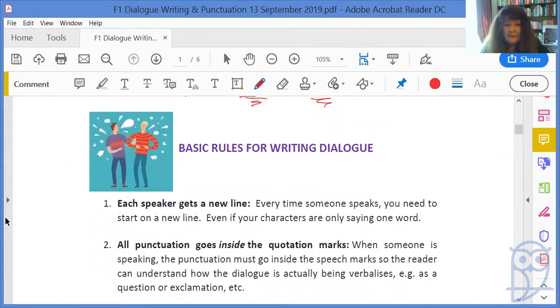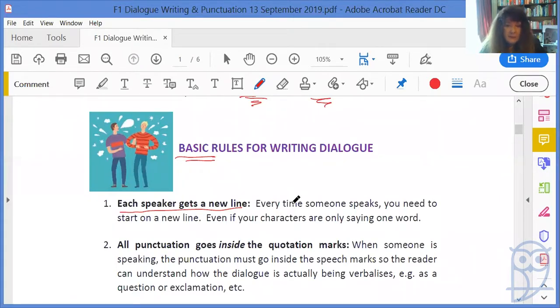Now here's something that people seem to get wrong, the basic rules for writing dialogue, which people don't seem to know. Every time somebody speaks, you put that writing on a new line. You don't squash it up on the same line as if there's no more paper on the planet.